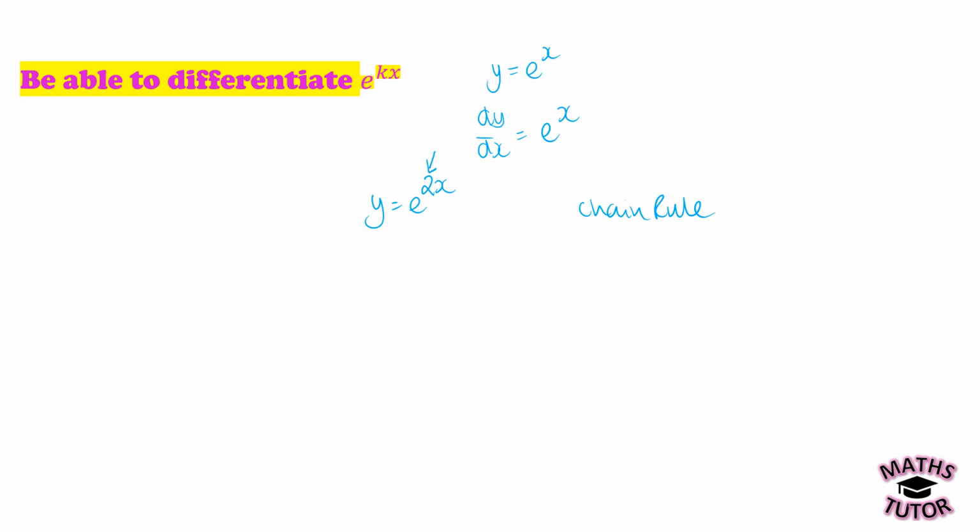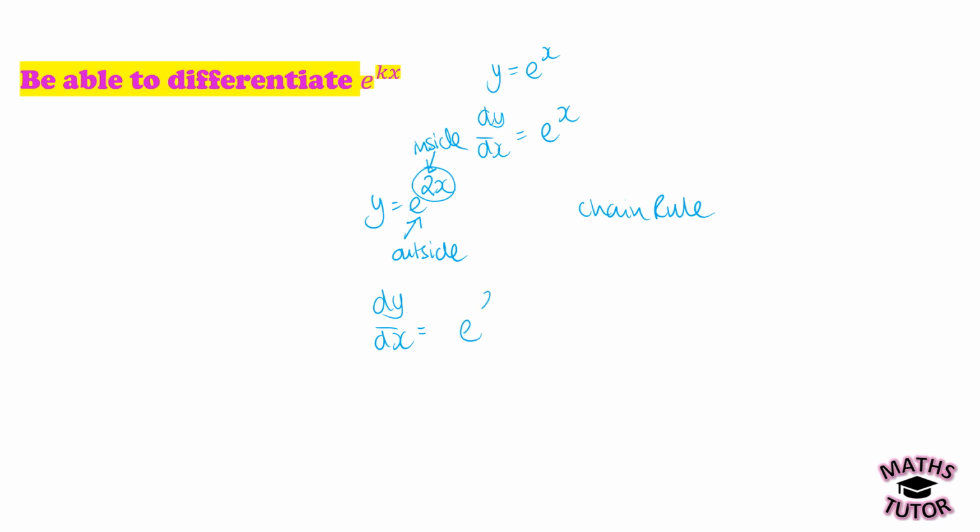Whatever happens to x first, that is going to be the inside function, and whatever happens second, then that is the outside function. Now, using the chain rule, what you do is you differentiate with respect to the outside and leave alone the inside. So just pretend this 2x is just e to the x. Then how would we differentiate?